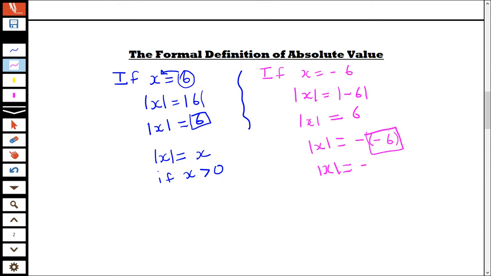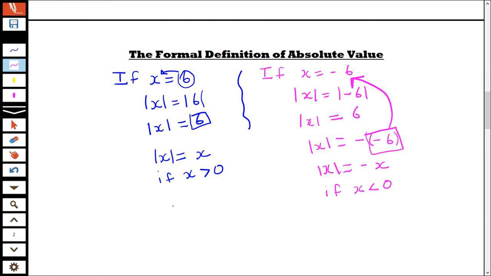Well, minus 6 was, or is, what x is. So I could replace the minus 6 with just x. Okay, so that means I can conclude that the absolute value of x is the same as minus x if x is less than 0.